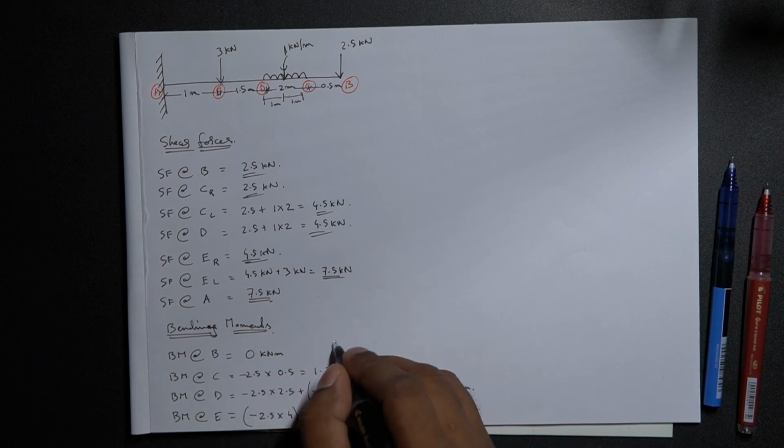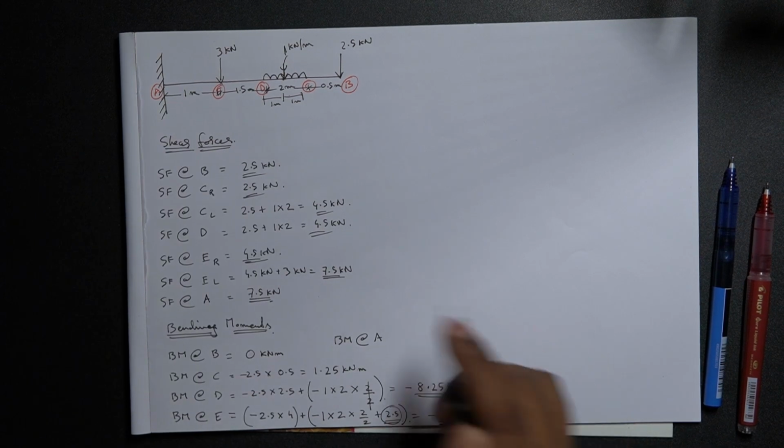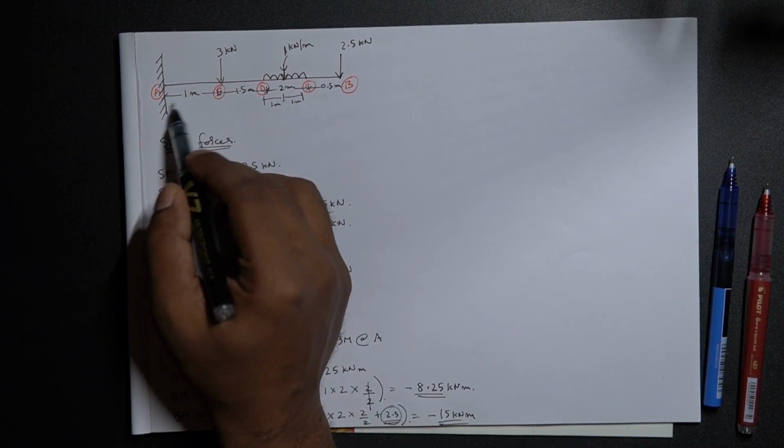And lastly, let us calculate the bending moment at point A. Again, we have another increment of 1 meter in the lever arm length.